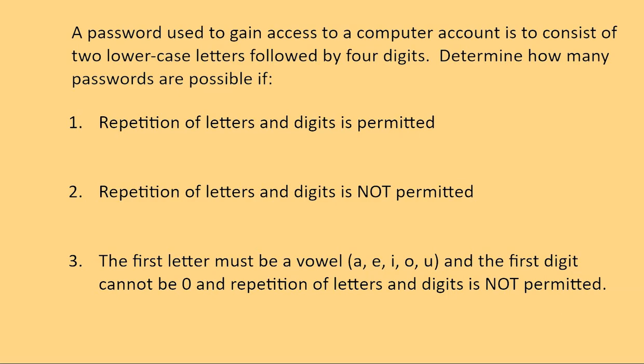A password used to gain access to a computer account is to consist of 2 lowercase letters followed by 4 digits. Determine how many passwords are possible if repetition of letters and digits is permitted. First of all, let's determine how many characters are going to be in the password.